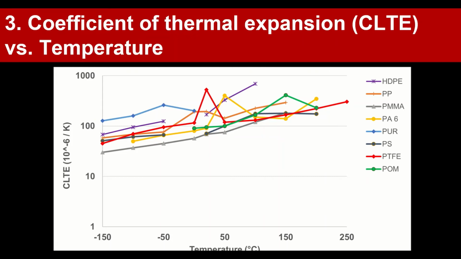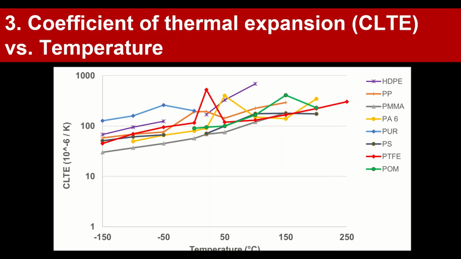The CLTE is important when you have two component molding or over molding of a metal, or when you do metal replacement. So you need to know how the material expands, and it's always 10 to the power minus 6, so per Kelvin.